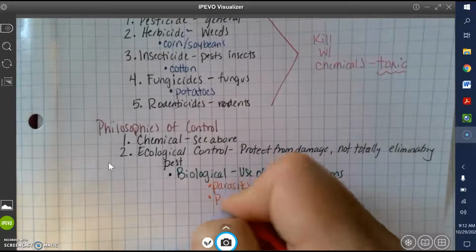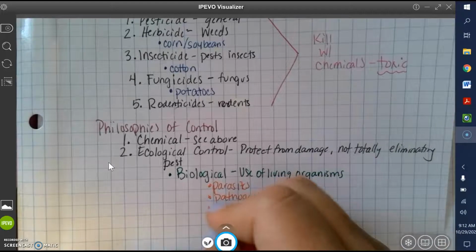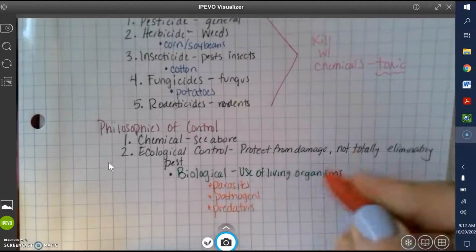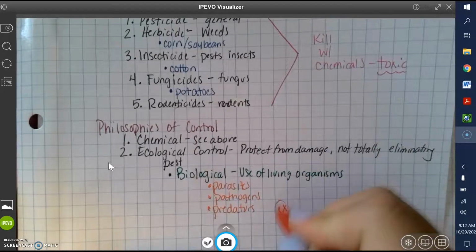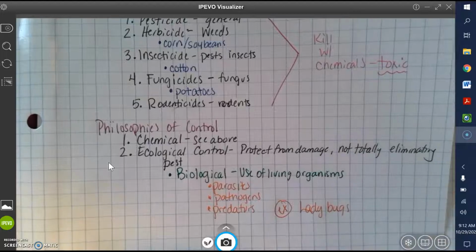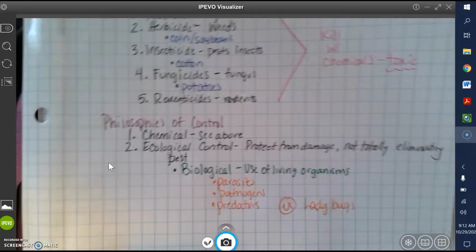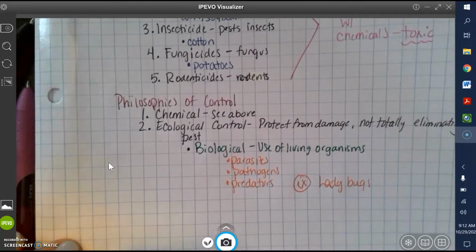We can use other pathogens that maybe will kill them, or even predators to these guys. An example here would be the ladybug. Ladybugs will eat some of the pests that we want to get rid of. So that's just an example of a biological control.